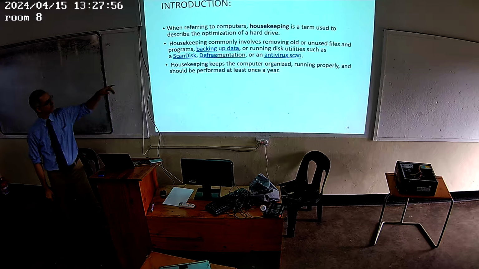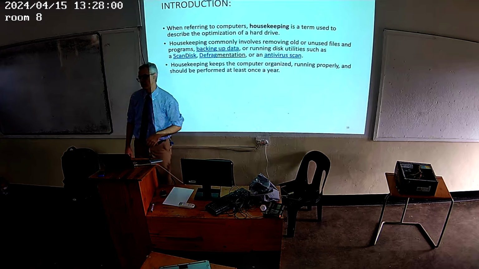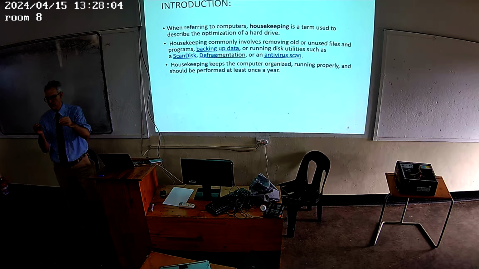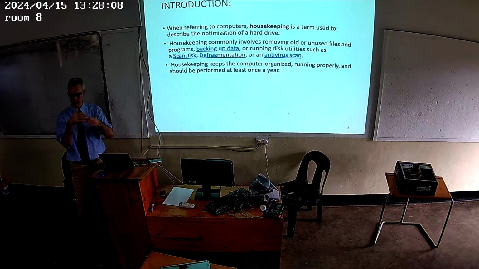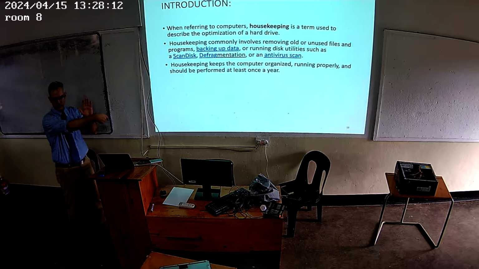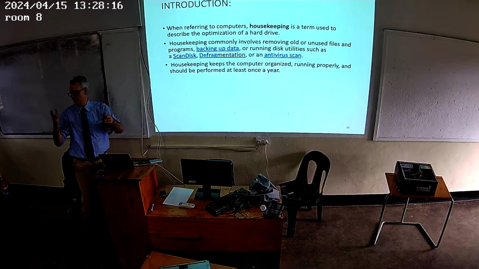So defragmentation is the process of taking all the different parts of one file and putting them together on the physical disk. So when you look on the computer, you just see one file, right? But on the storage, it might actually be saved in 3 different places, 5 different places.